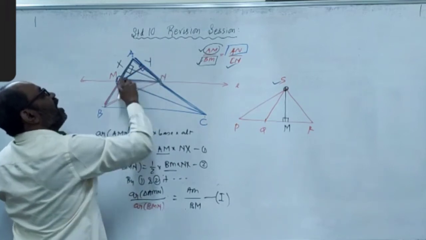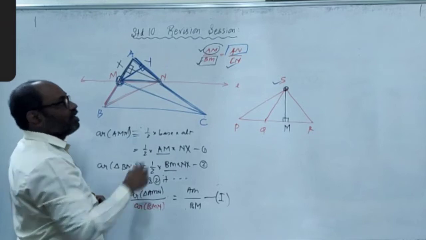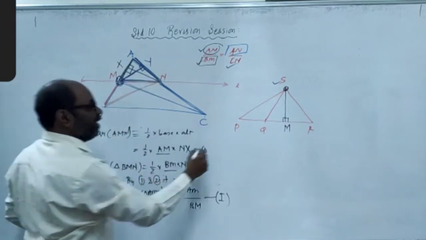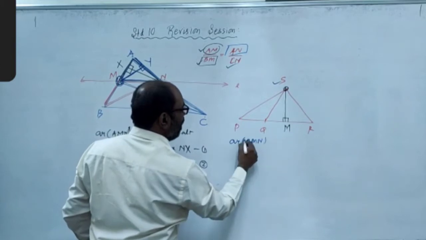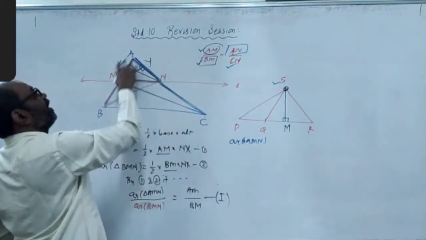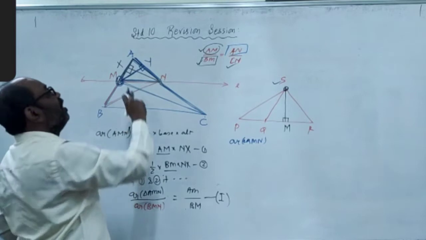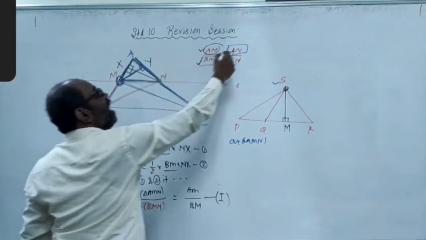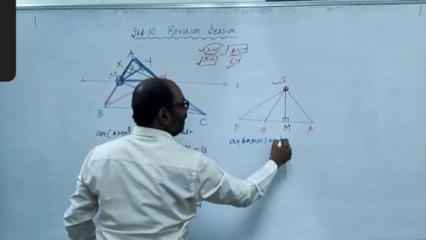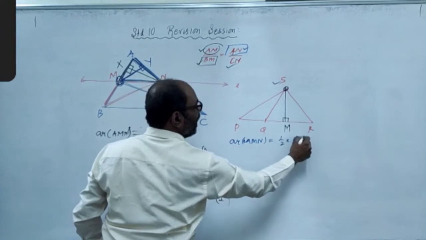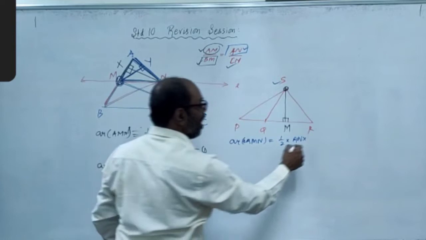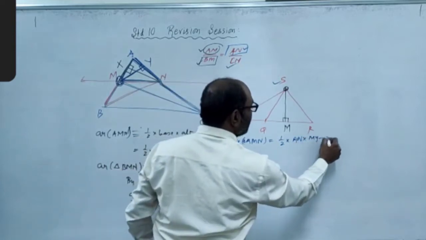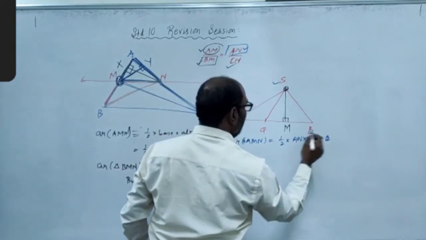Let's say this is MY. So now take area of triangle AMN, once again triangle AMN, but this blue one, earlier it was black. Now I took the base AN. So I'm writing directly half into base AN into altitude, what is it, children? MY. Result number 3.